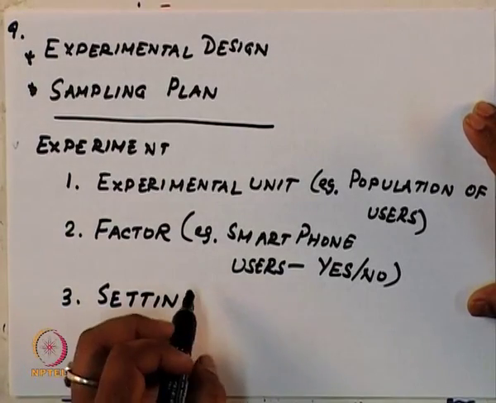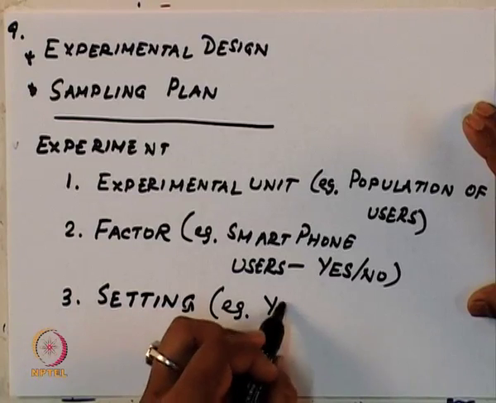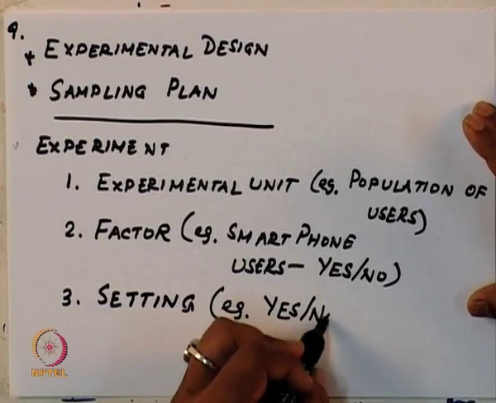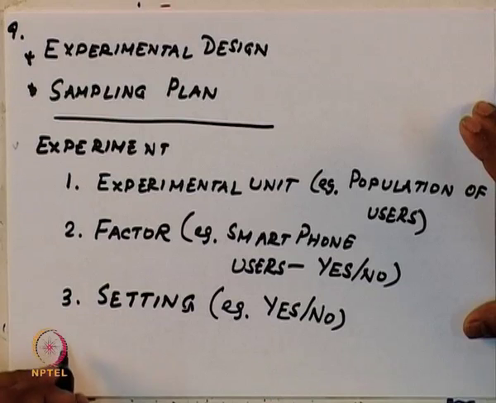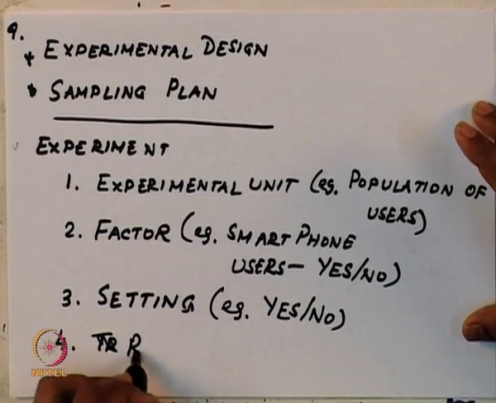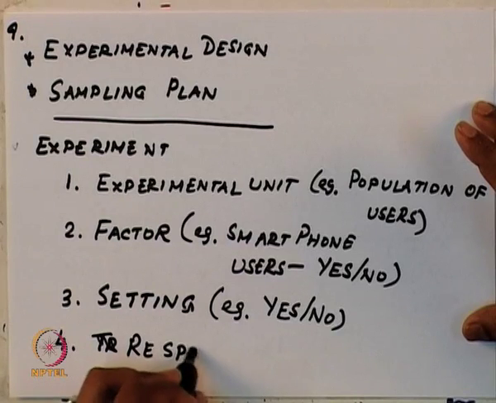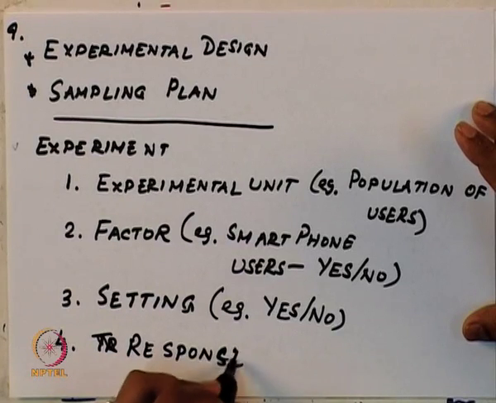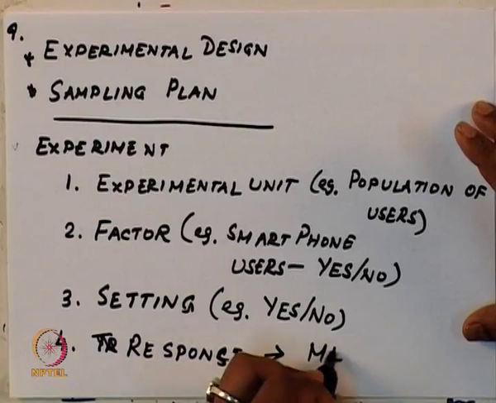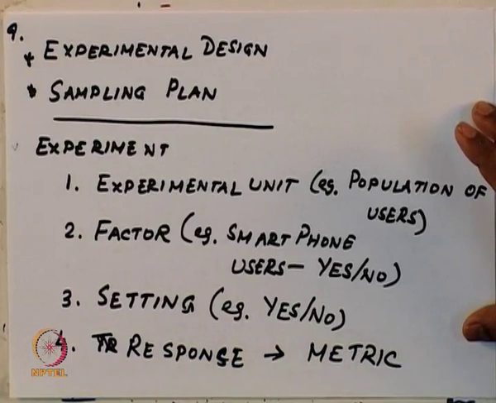In this particular example, my setting is simply yes or no. And you have the response, which is basically whatever metric you calculate from the statistics.